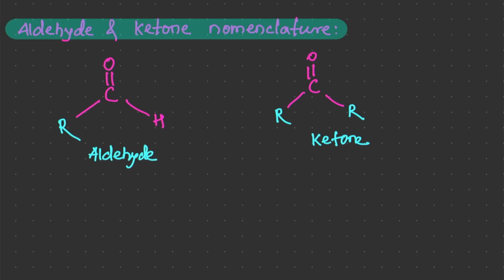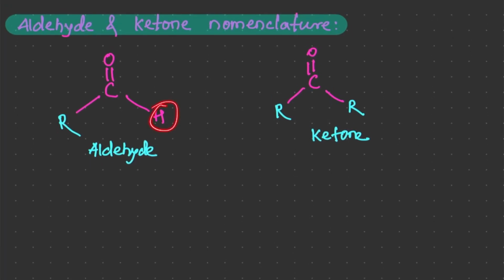The only difference is aldehyde has hydrogen on one side. The other side could be hydrogen too. If the other side is hydrogen, that's the smallest aldehyde possible. But as long as you have hydrogen on one side, that's your aldehyde.